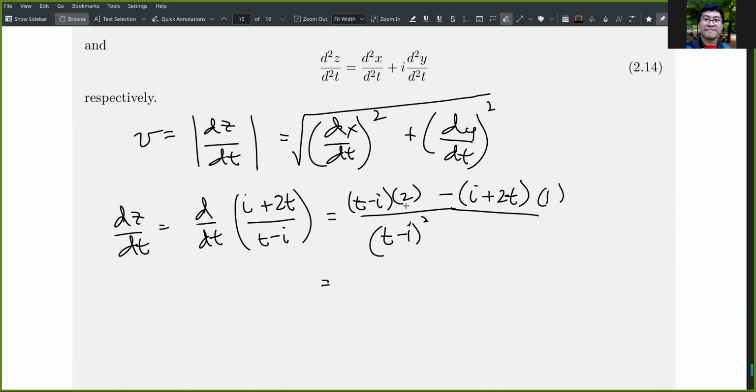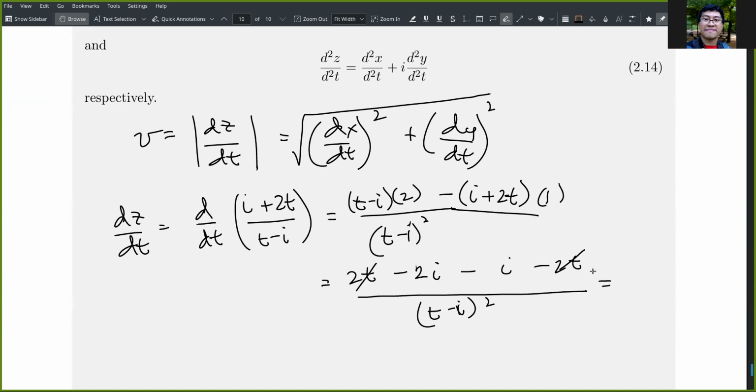Okay, so we have here 2t minus 2i minus i minus 2t, over t minus i squared. The 2t's cancel, so you have minus 3i divided by t minus i squared.